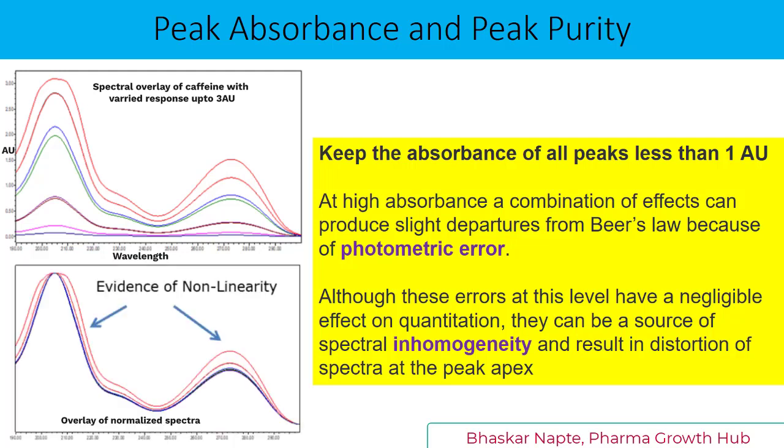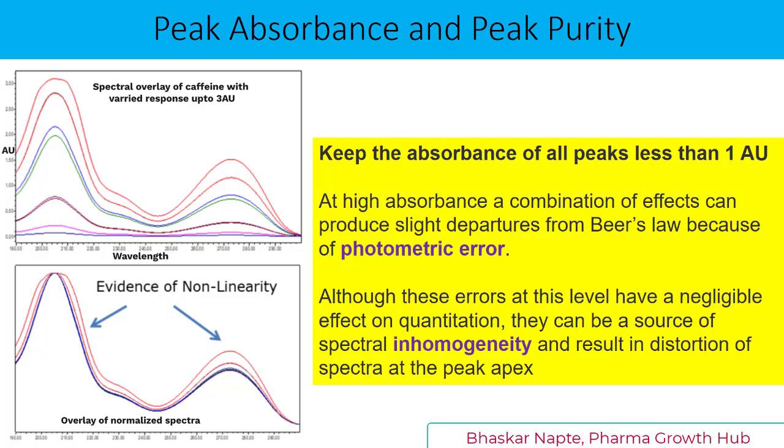And if you normalize these UV spectra, then you can see that they do not look homogeneous. There is evidence of non-linearity, and this is purely not because there is some co-eluting peak available in the chromatogram, but because of the peak height being more than 1 AU.